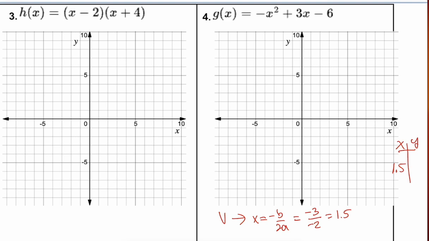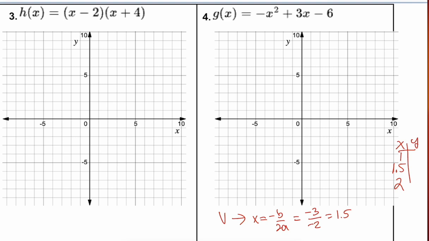Okay. Well, one half step up is 2, half step down is 1. As long as they're equally spaced, that's just nice numbers you can plug in. You can plug in anything into a quadratic, but I try to find that equal spacing so I can see that symmetry of my graph.